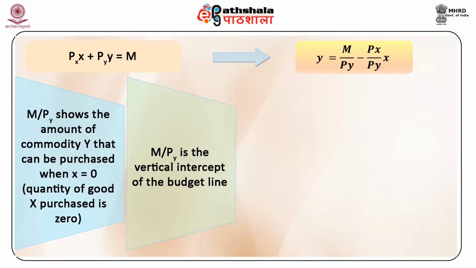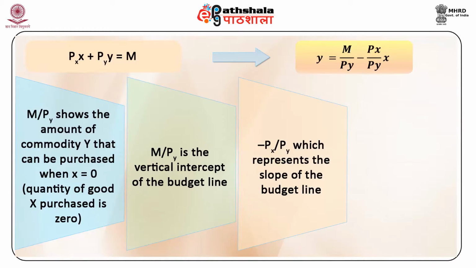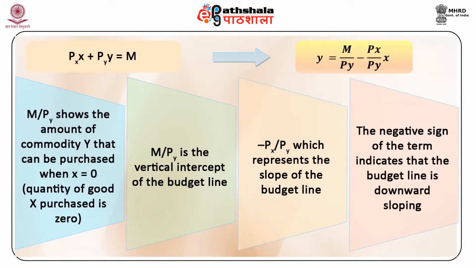In figure, the second term of the equation has a coefficient equal to minus px upon py, which represents the slope of the budget line. Further, the negative sign of the term indicates that the budget line is downward sloping.